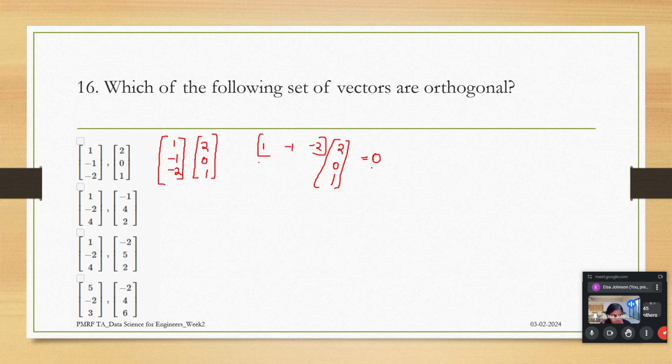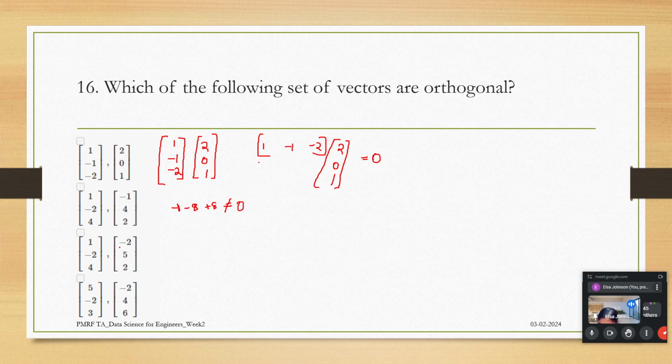Then the second one won't be, it's minus 1 minus 8 plus 8. The answer will be minus 1, so not equal to 0.